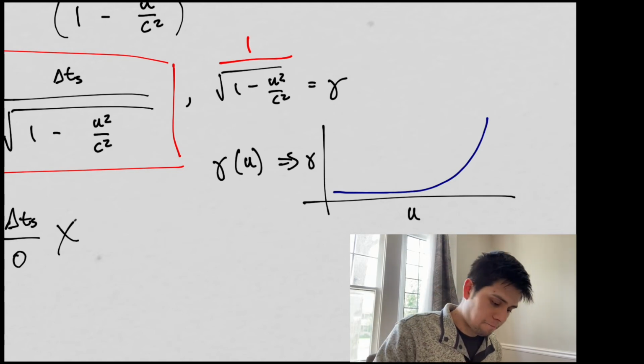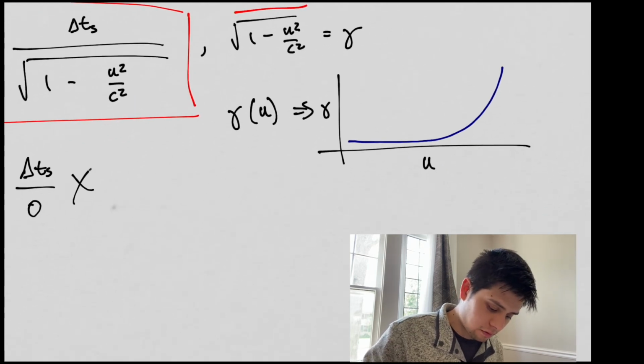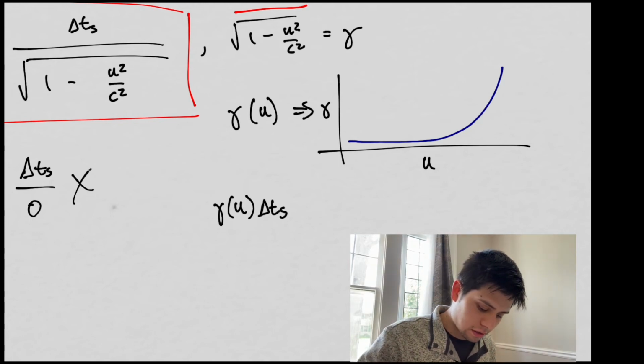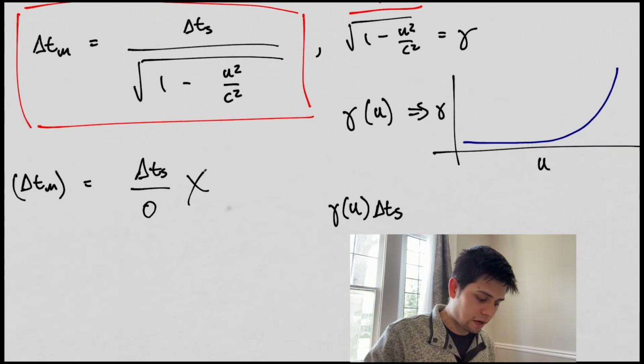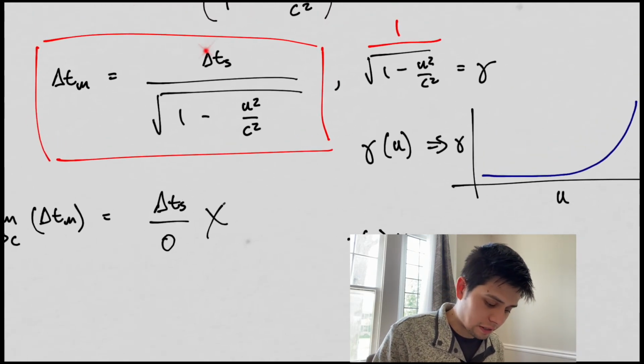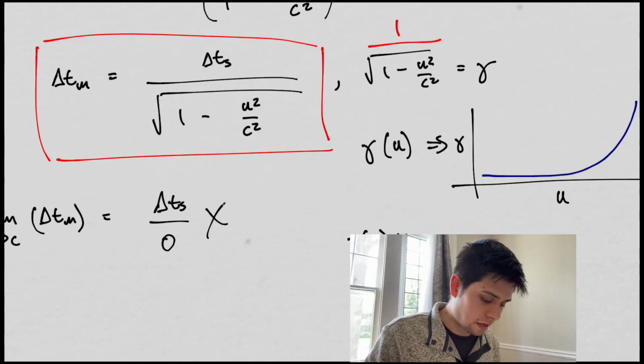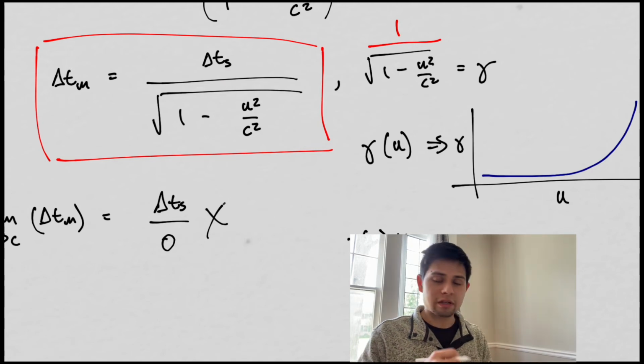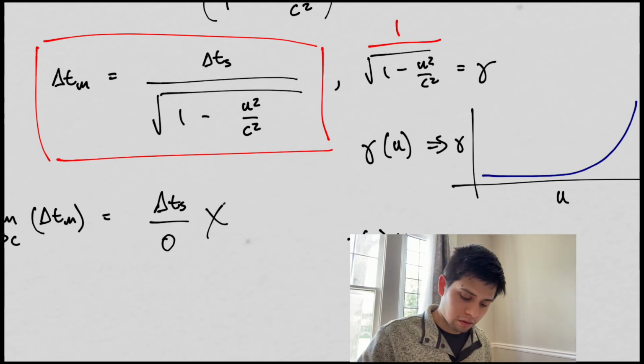If gamma is a function of u, it's a weighting factor on delta s, because this equation effectively is gamma times what the time would be if the object was still.